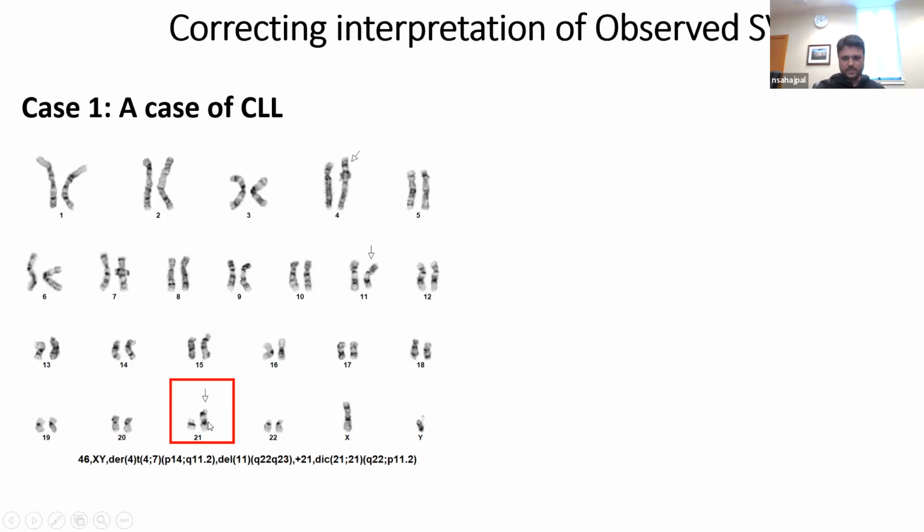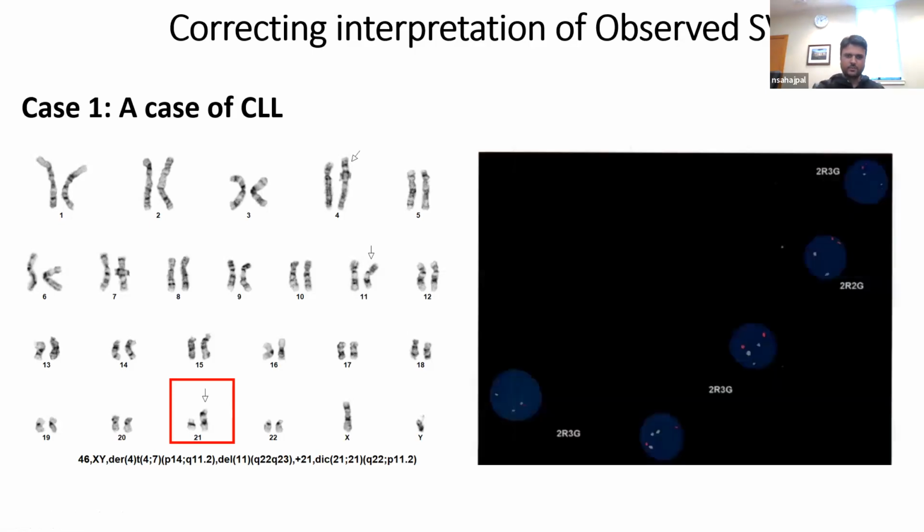To confirm this, we had run FISH with a RUNX1 probe, and the RUNX1 is the green probe, and we can see 3 signals for RUNX1. So seeing this chromosome structure and 3 copies of RUNX1, we did finally interpret this as a +21 dicentric 21-21.